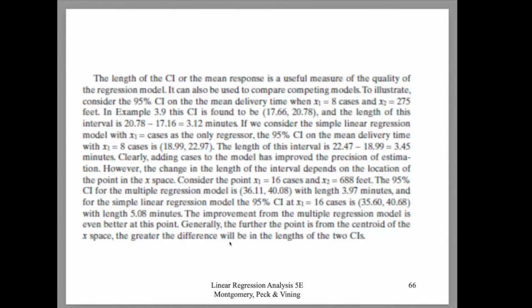And what you would find is that the further you get from the centroid of the explanatory variable space, the greater that difference is. And so if you estimate the mean response at values of the explanatory variables that are further and further away from that centroid, then there's going to be a greater and greater benefit for having the additional variables. So that's what they're talking about here.